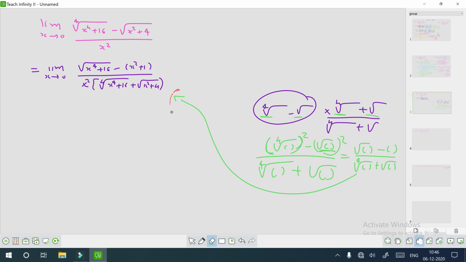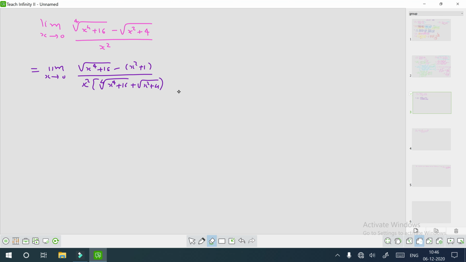What do we get? Please see here. Rationalize the numerator. Limit x tends to 0, (square root of x raised to 4 plus 16 minus square root of x square plus 1) whole square.